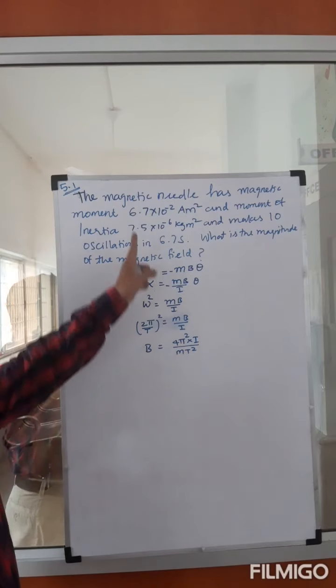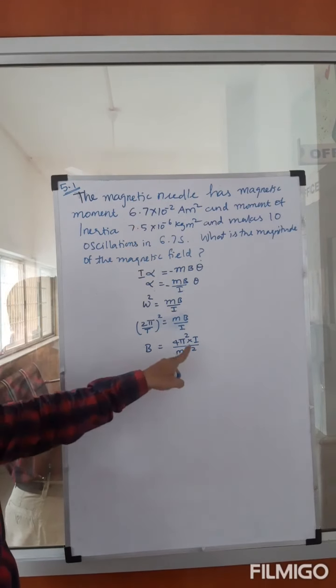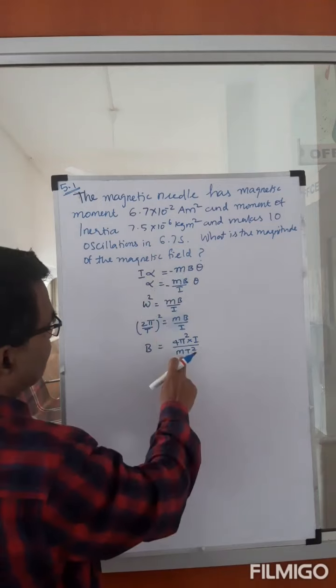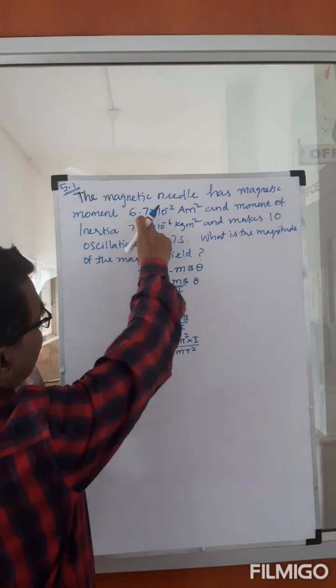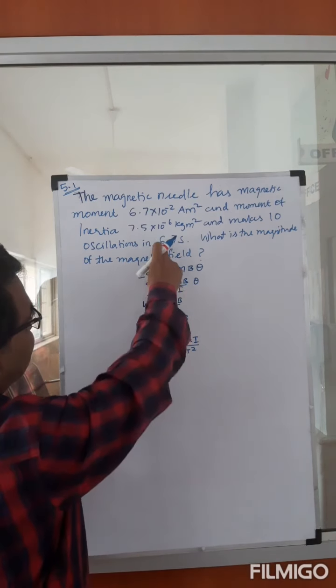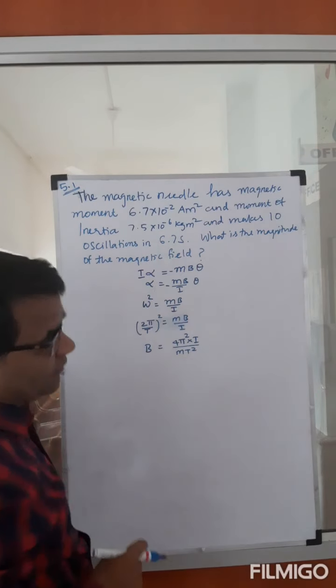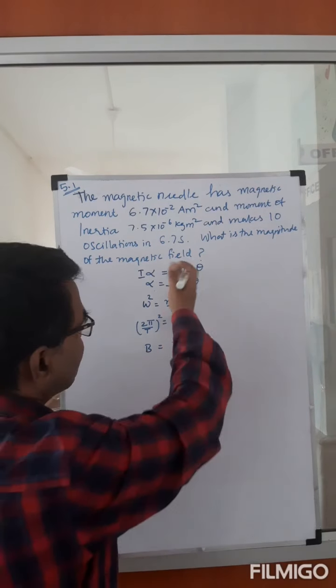They've given you the moment of inertia 7.5 and magnetic moment 6.7, and the time for 10 oscillations is 6.7 seconds. So for one oscillation it will be 0.67.